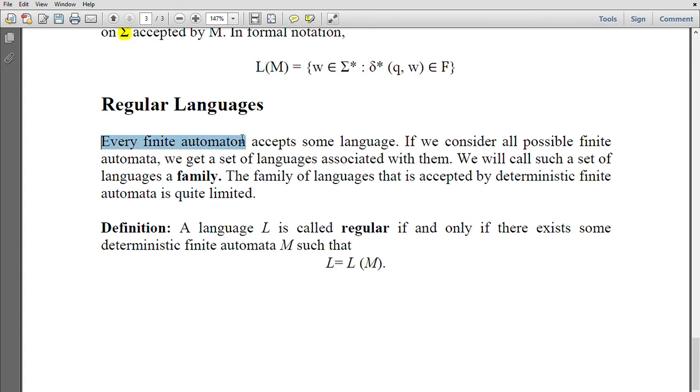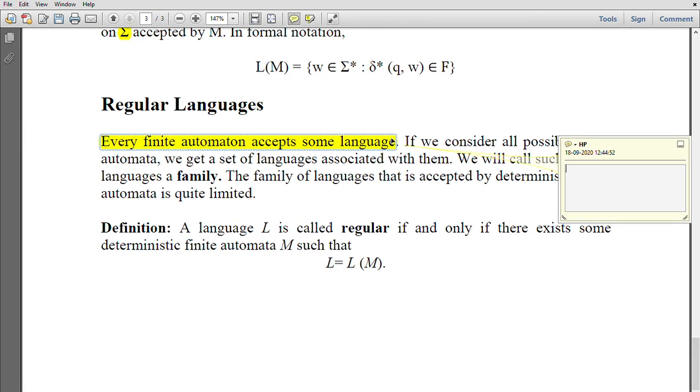Every finite automata accepts some language. We have seen that a certain given DFA will read some language. Language means the set of strings that will comprise the language.